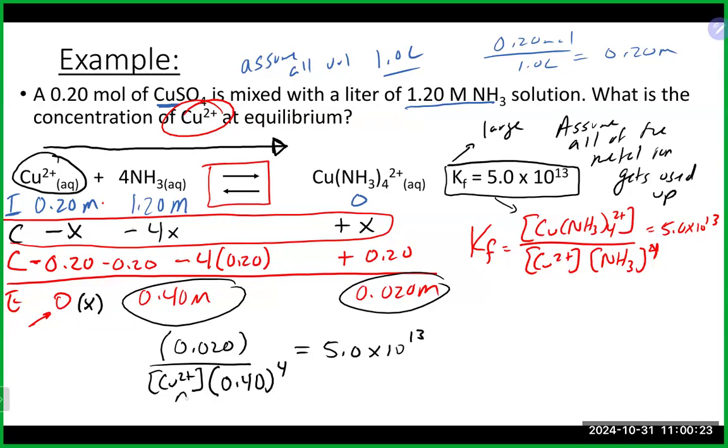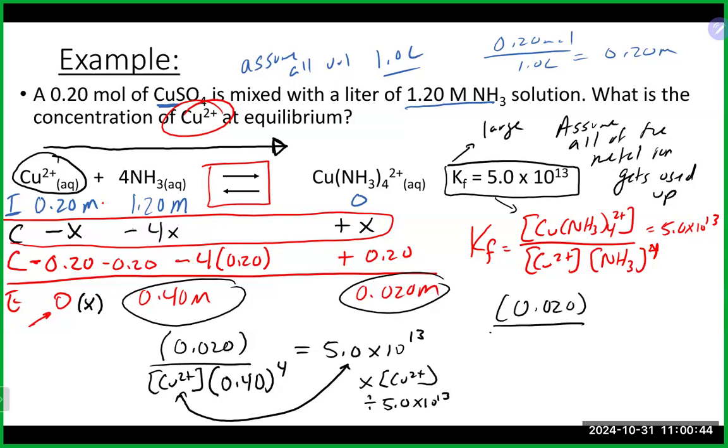We want to rearrange this, and if you're not sure, basically these two guys just switch places. We multiply the copper 2 to both sides and then come back and divide by 5 times 10 to the 13. That essentially will give you 0.02 divided by 5 times 10 to the 13.